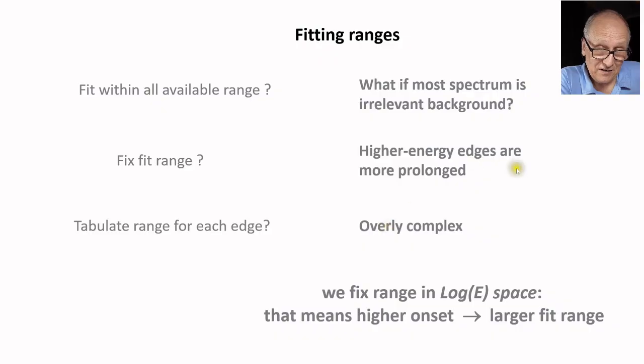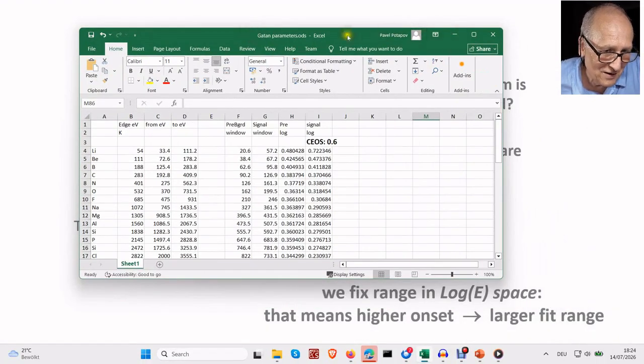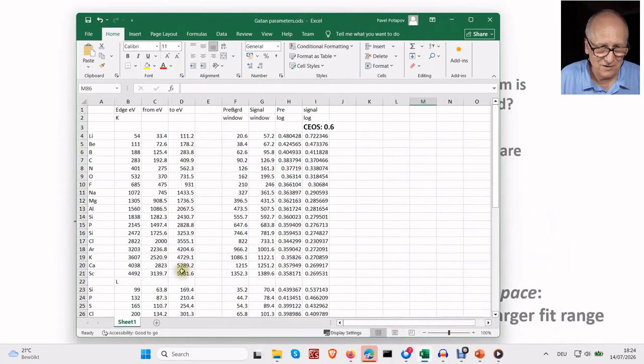Well, we decided for simplicity to fix the fitting range, but fix it not in the normal scale, but in logarithmic scale. And in fact, it's not very far from the approach of Gatan, because if we consider their fixed energy windows for light elements, they are very small, and with increasing atomic number of elements, they become wider and wider.